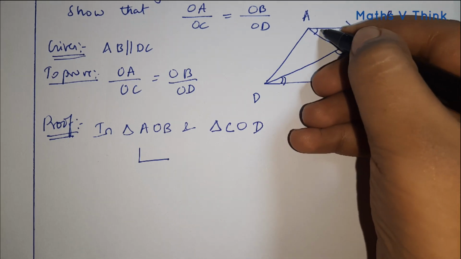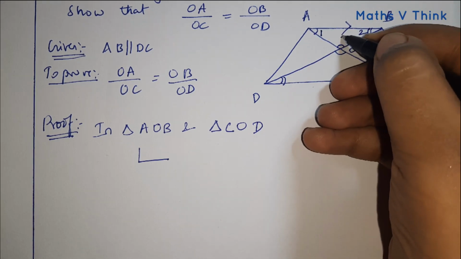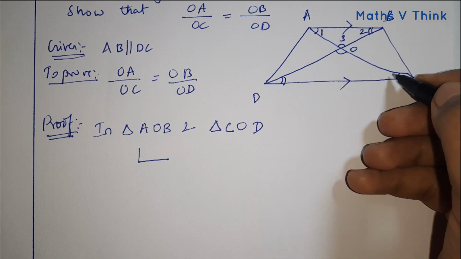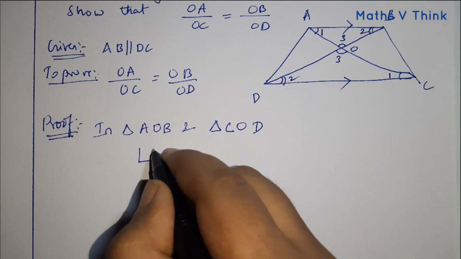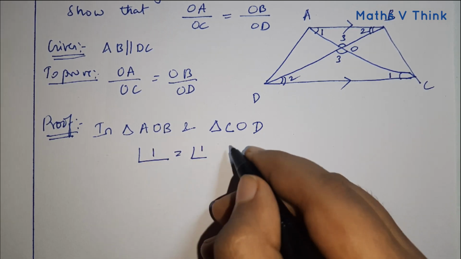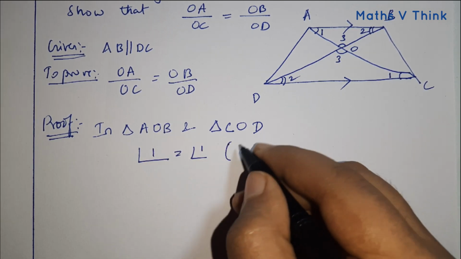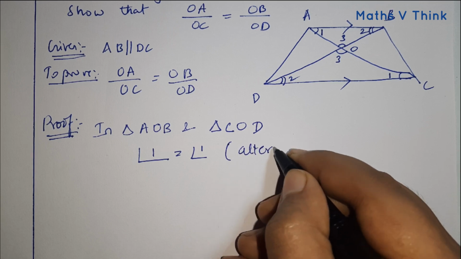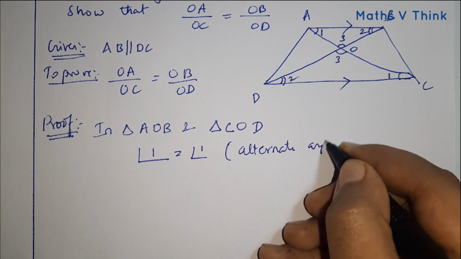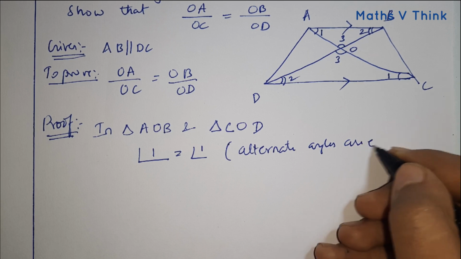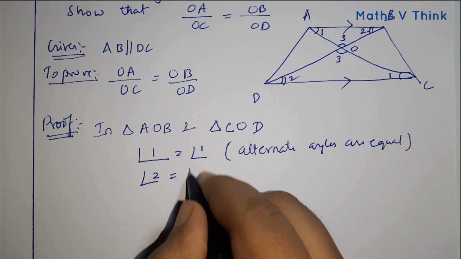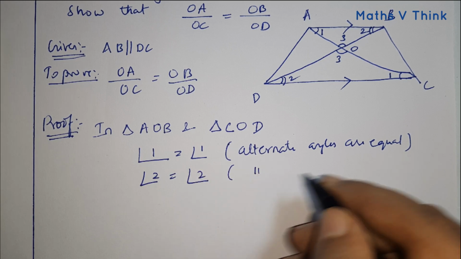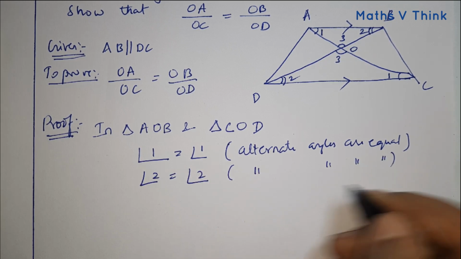So let's keep this angle be 1, 2 and 3. Same with this, and this is equal to 1, this is 2 and this is 3. So I can tell angle 1 is equal to angle 1. Why? Because alternate angles are equal. Same way angle 2 will be equal to angle 2. Same, alternate angles are equal.